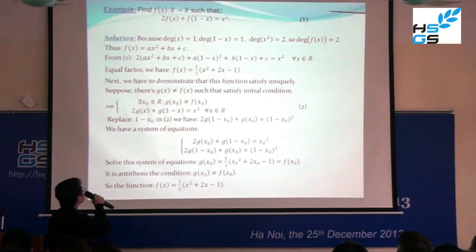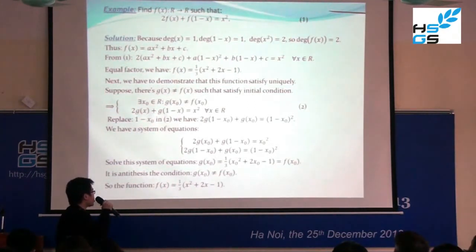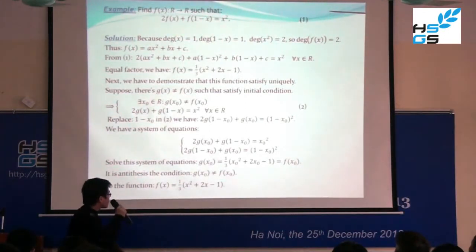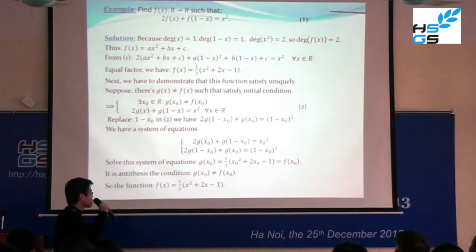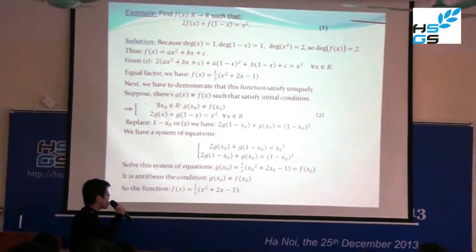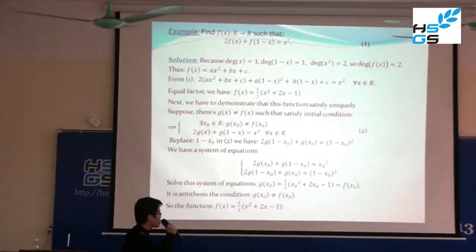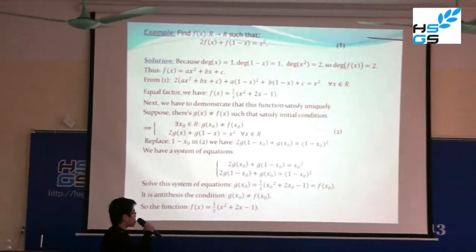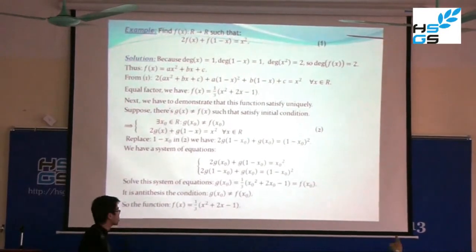Suppose that g is different from f(x) and satisfies the initial conditions, we will have the result f(x) equal 1 plus x. We will have the result f(x) equal to squared x plus 2x minus 1 is a unique result.